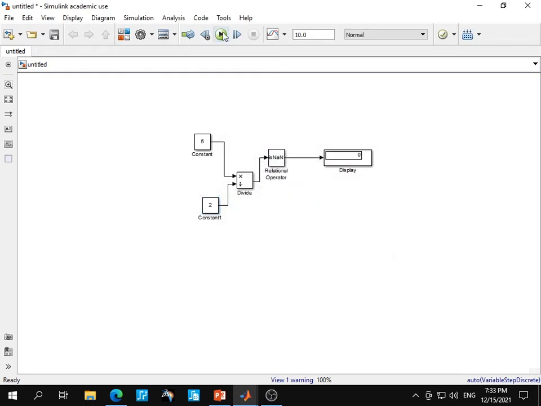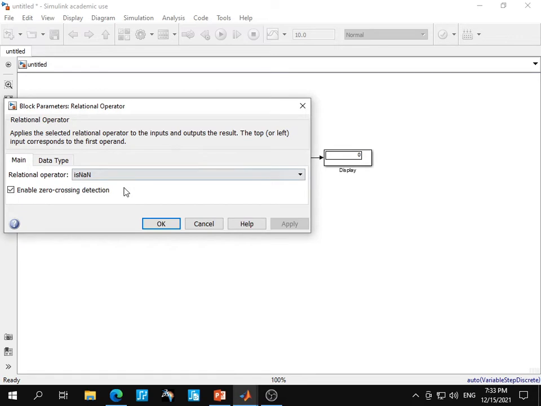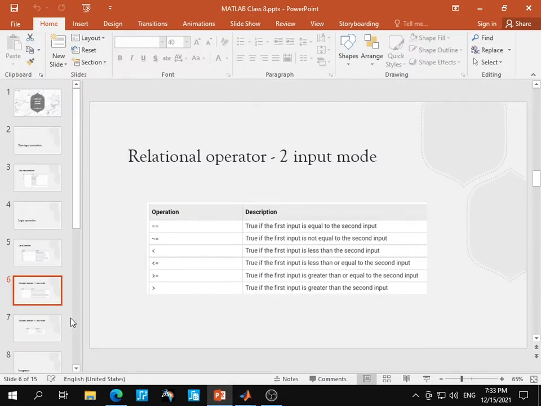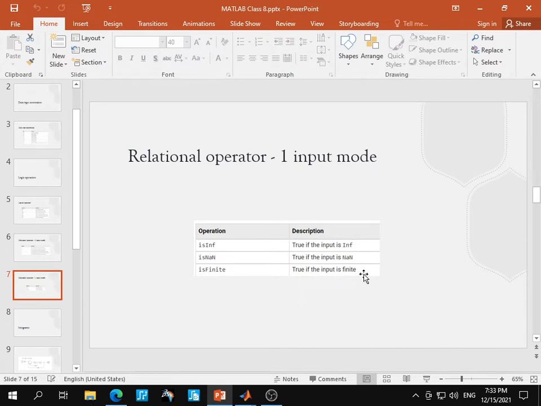If you do it like this, it's not a number. Hang on. Did I get something wrong?